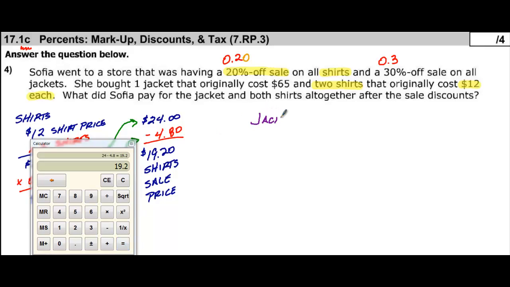All right, let's move the calculator over here, and I'm going to do the same thing with the jacket. So I've got a jacket. Since I've already used my highlighter, I'll underline here. 30% off sale on jackets, bought one jacket. That jacket originally cost $65. So I have $65, and I'm saving 30%, 0.3. That is the discount rate.